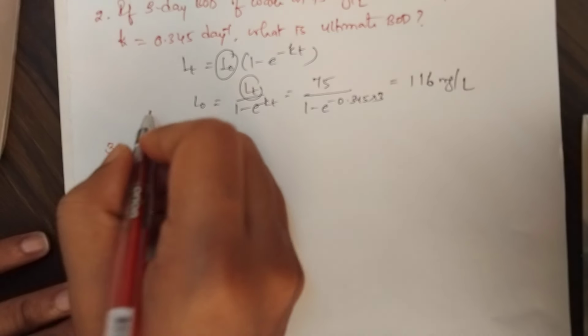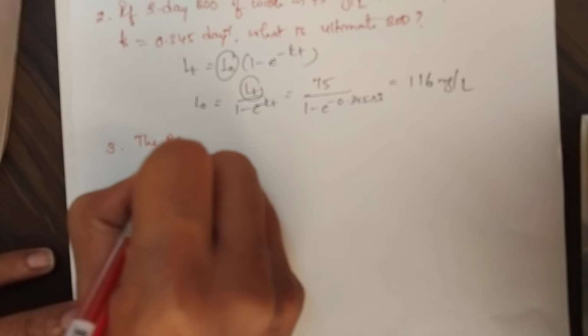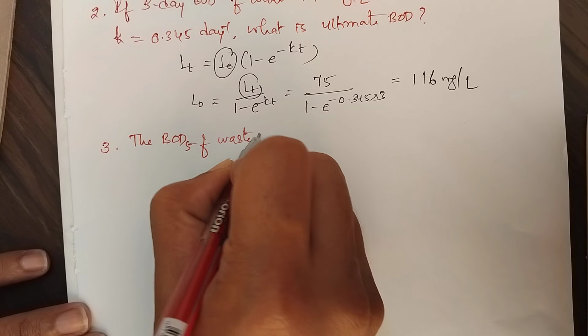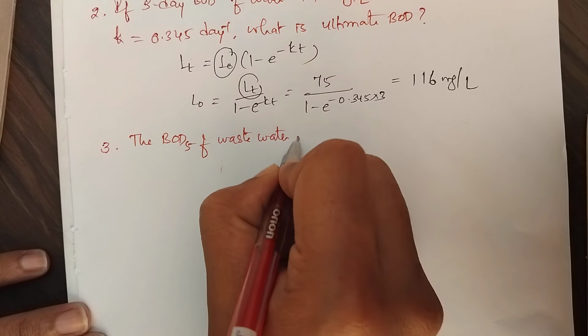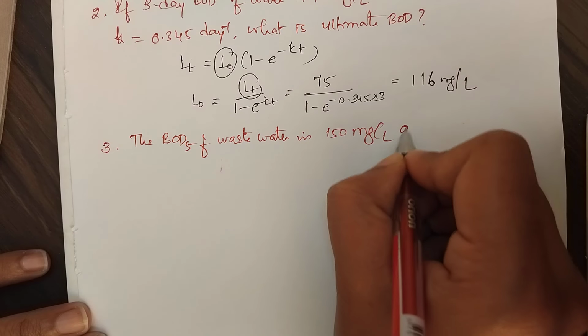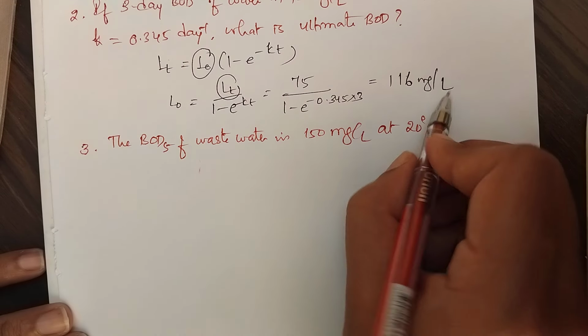Next question. The BOD5 of wastewater is 150 milligram per liter at 20 degrees Celsius. So this question is on temperature effect.